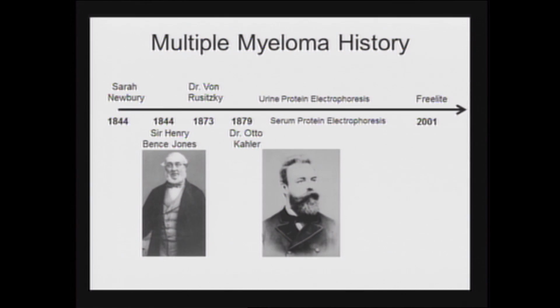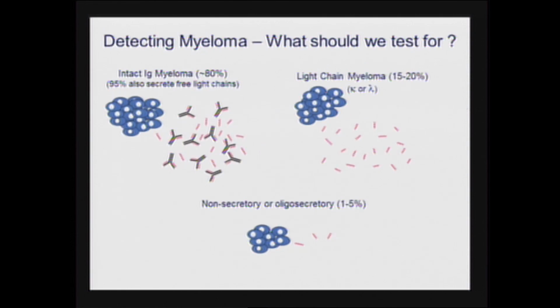This serum protein electrophoresis and urine protein electrophoresis has been done since the 1800s. I can't find the first time it was actually done. It's so long ago. But the FreeLite test that I'm going to talk about now, which adds sensitivity and allows us to be more efficient in tracking myeloma, was FDA approved in 2001.